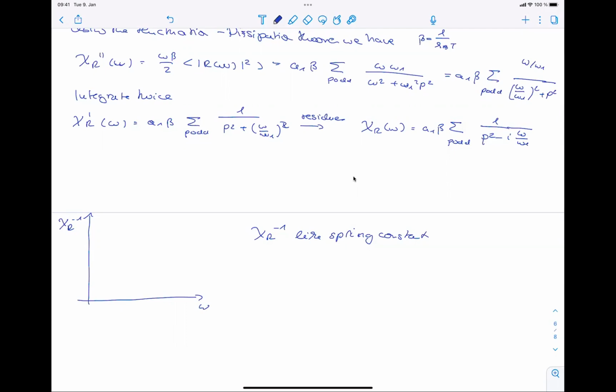So we see for small frequencies, and the transition here is omega 1, the longest mode, the real component behaves like a regular spring.